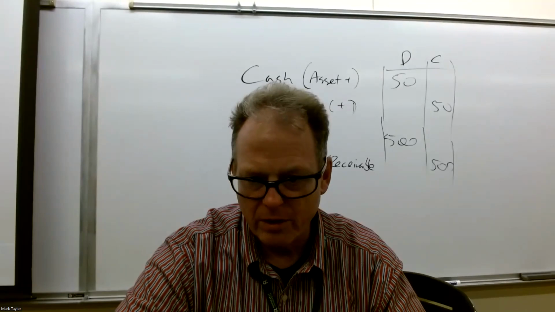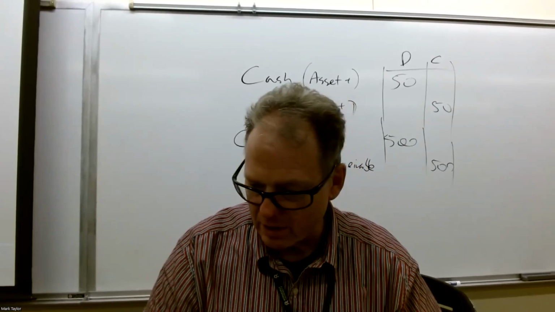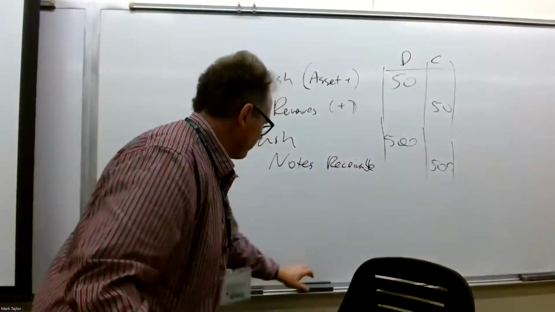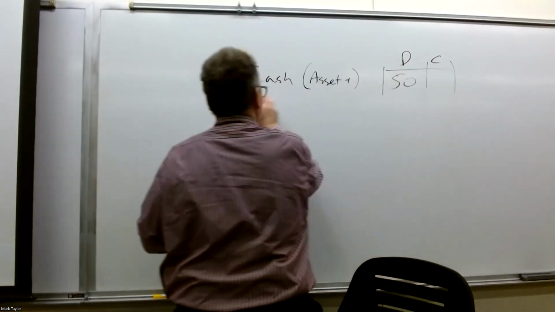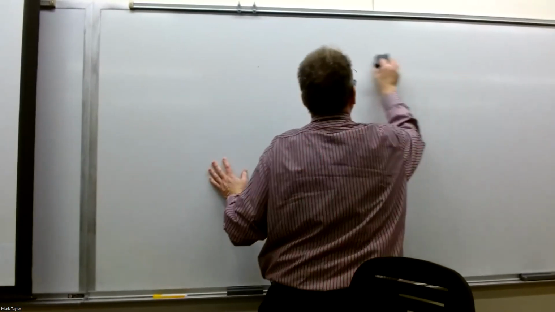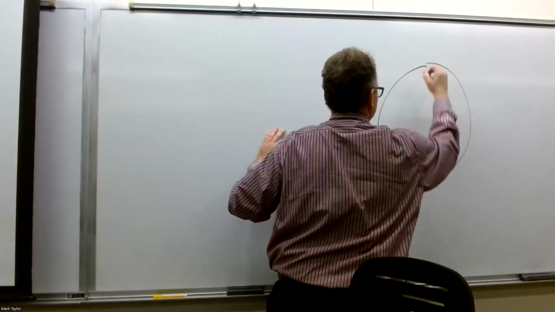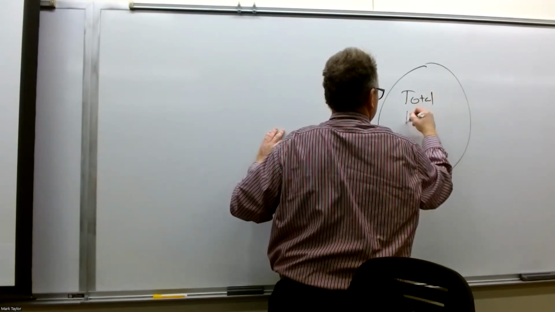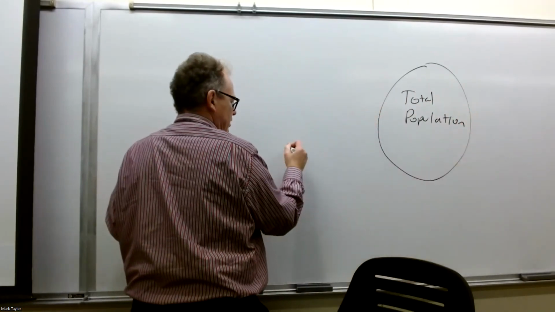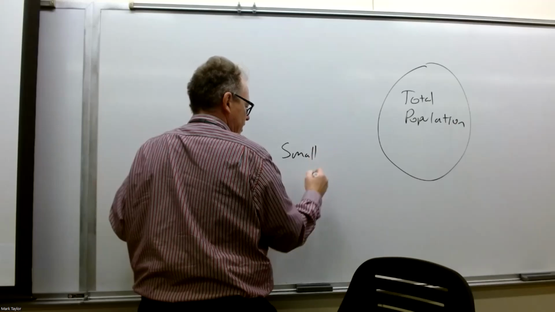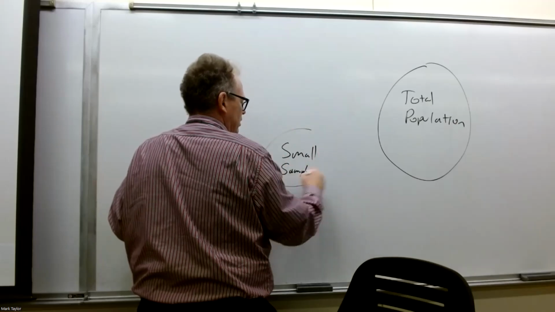Okay, actually, I'm going to go to the board here for a minute and just go over what sampling is and why we do it in auditing. Sampling is when you have an entire population, and you take a small group of it, a sample, and you run your test on that small sample.